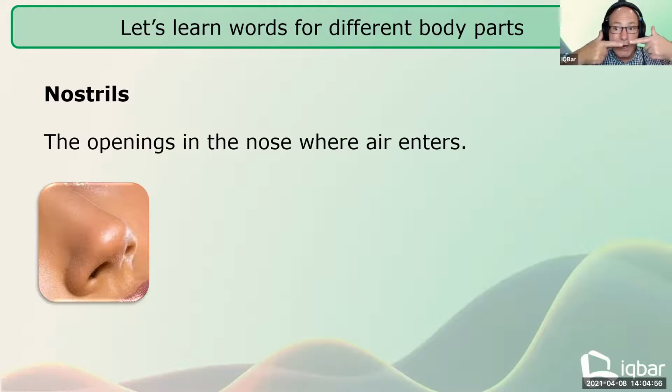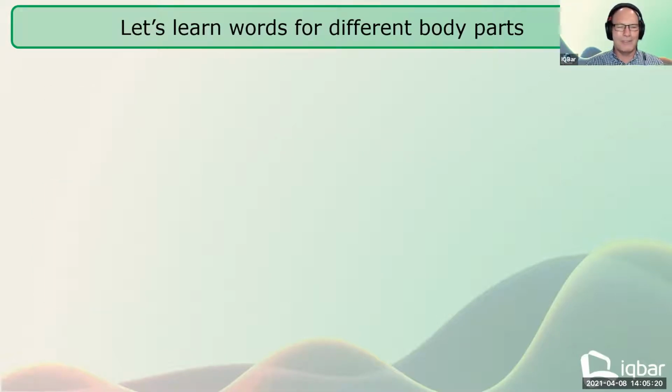And the air goes in through your nostrils. But tell me, where can we find our nostrils? Well, our nostrils are at the end of our noses. The big openings over here. That's right. So you can breathe freely with your nostrils.